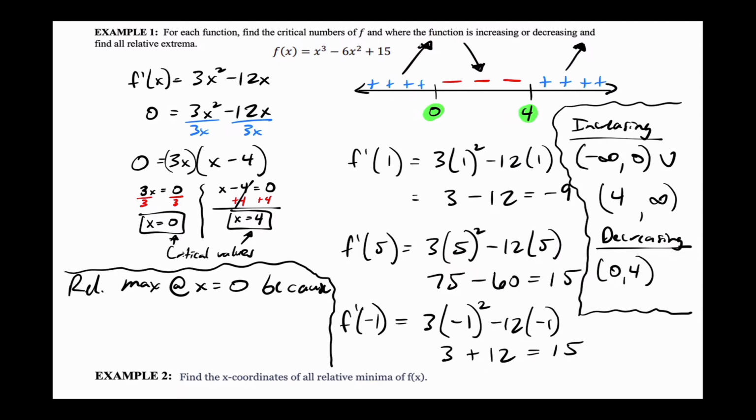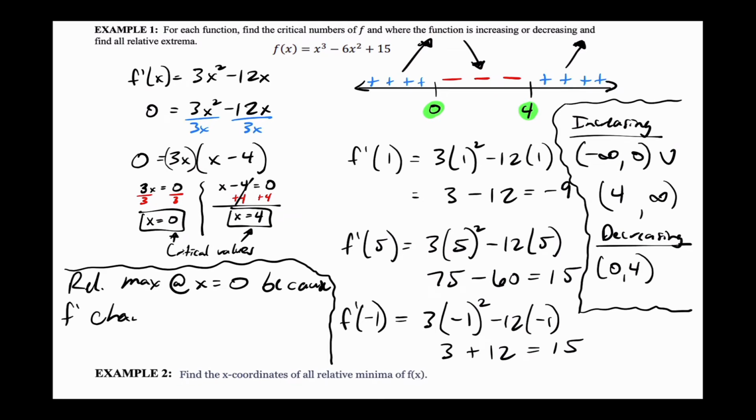That's what we put. Because f prime changed from positive to negative. When it does that, it has to make a maximum.